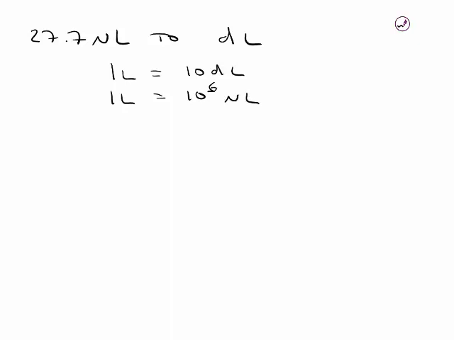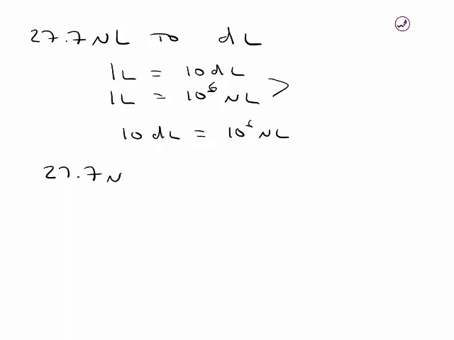Now, another way to approach this would be to make one equivalent statement from both of these. I know that 10 deciliters now equals 10 to the 6th microliters because both of these equivalent statements give me this new equivalent statement.